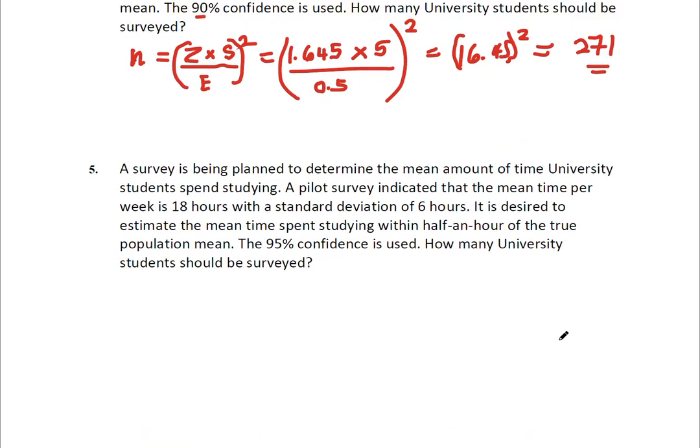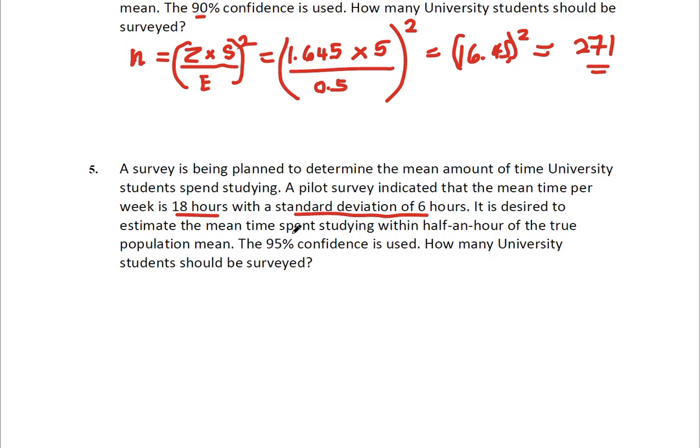And let's look at this one. A survey is being planned to determine the mean amount of time university students spend studying. A pilot study indicates that the mean time per week is 18. Notice that, as I indicated earlier, the mean and standard deviation would normally come from a previous study, a pilot study, or literature that has been canvassed.